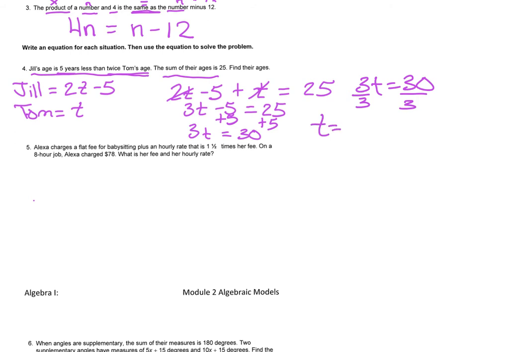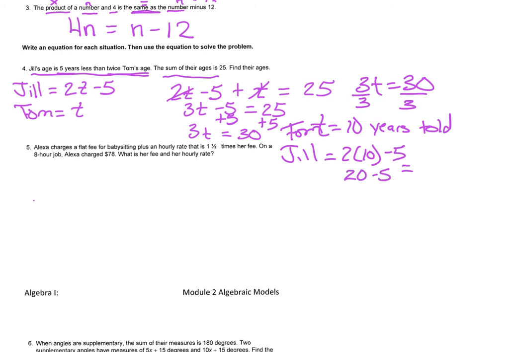So Tom is going to be 10 years old. And Jill, we know, was 2 times Tom minus 5. So she would be 20 minus 5, or 15 years old.